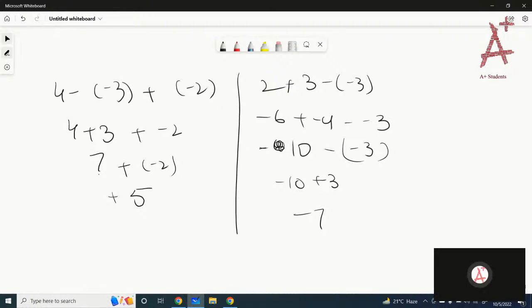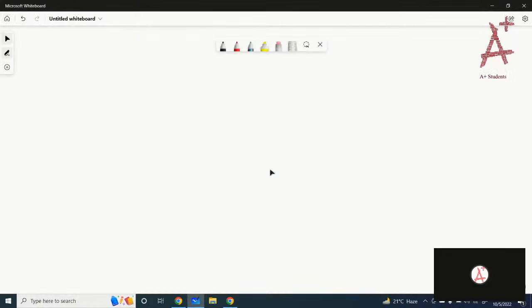Okay, the next one is negative 6 minus negative 8 minus 9. So which is the correct option? Subtracting a negative number is same as adding.